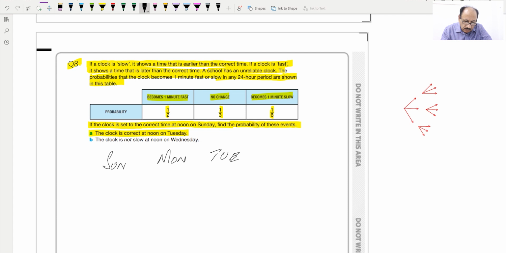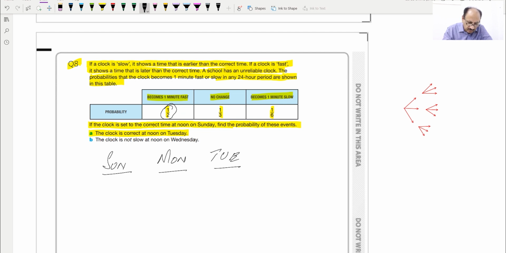On Tuesday we need to check what will be the probability. Okay, so these are 3 events. So we started. What can be the options? An option can be that, for example, it becomes 1 minute fast.